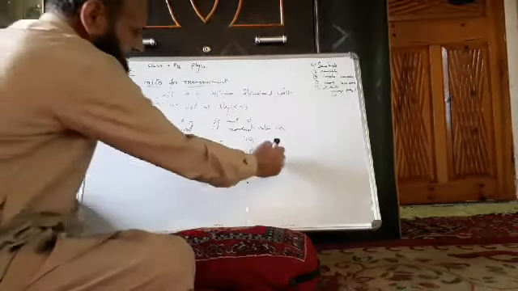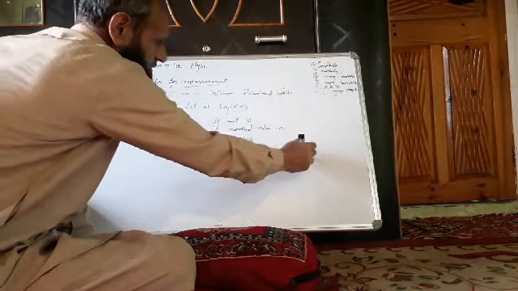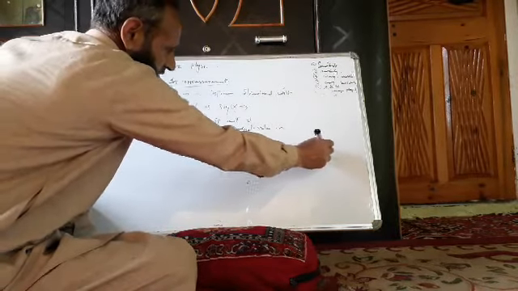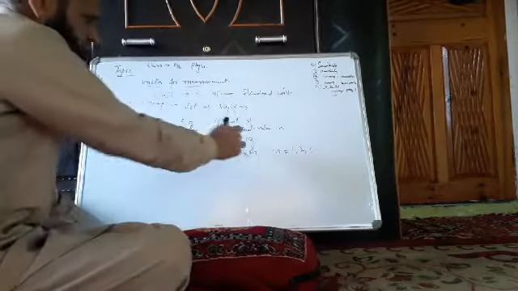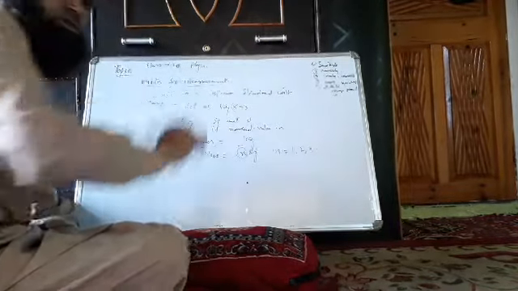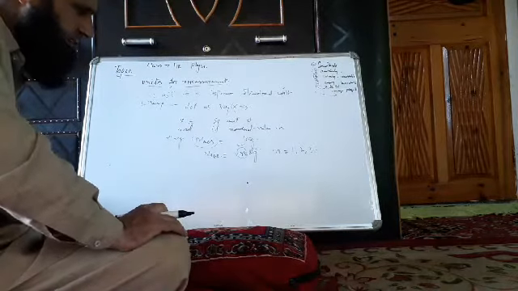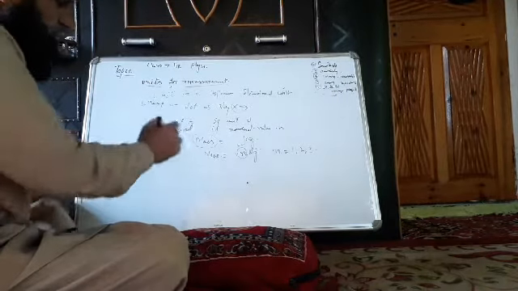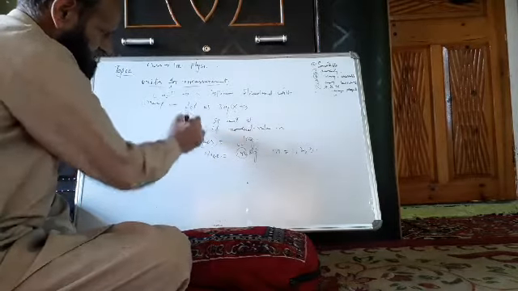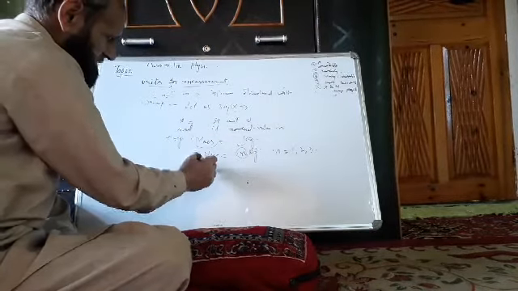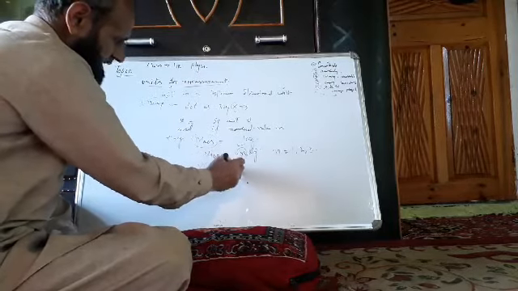N takes any value, maybe 1, 2, 3. It is a numerical value, and this is the unit. So we can show the x quantity as x is equal to nu.